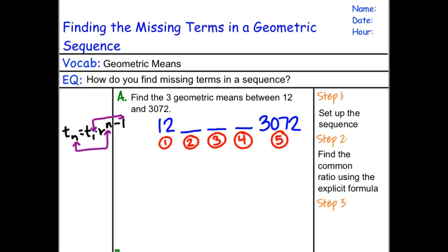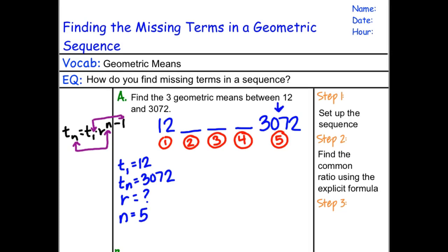And so when we go to write our sequence, we know that term 1 is 12. We know that term n is 3072. We don't know r, but we know that n is 5 because this is your fifth term.